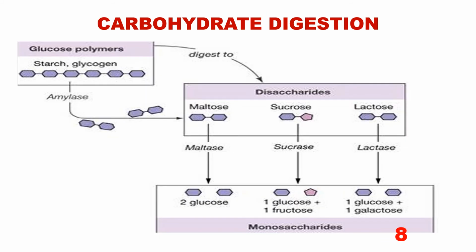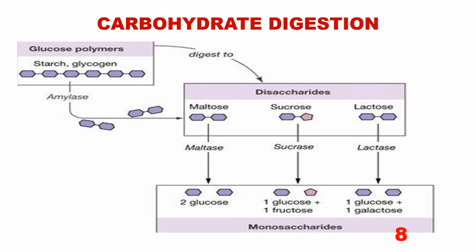Carbohydrate digestion. Glucose polymers are starch and glycogen. Amylase in the mouth will break the giant starch or glycogen into maltose. On arrival in the small intestine, this maltose will react with an enzyme called maltase, and maltase will break the maltose into the final product, glucose.